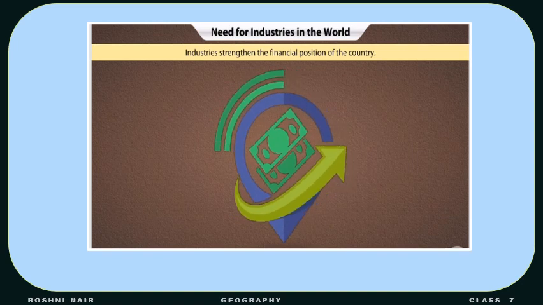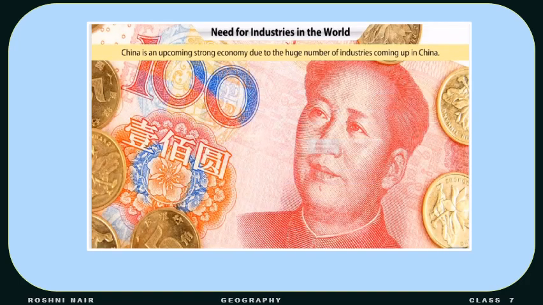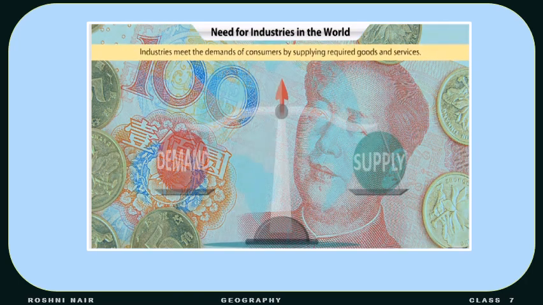The higher the number of industries, higher is the strength of the country's economy. For example, the United States of America has several industries which makes it one of the strongest economies of the world. China is also an upcoming strong economy due to the huge number of industries coming up in China.